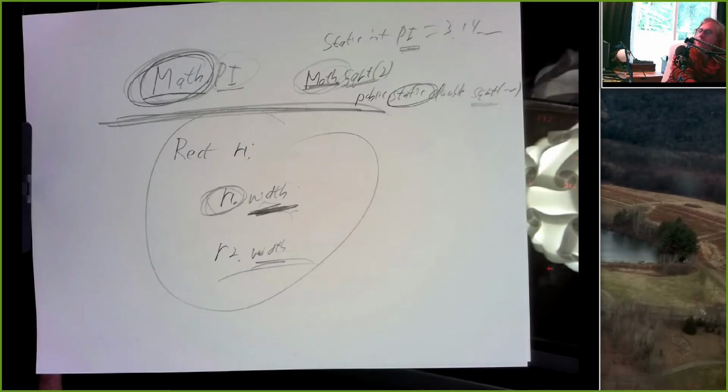So didn't you say to usually avoid statics for bad habits purposes? In the beginning of the course, I said avoid statics because there was nothing we were doing that would require statics other than public static void main. But they're not evil, they're not mysterious, right?